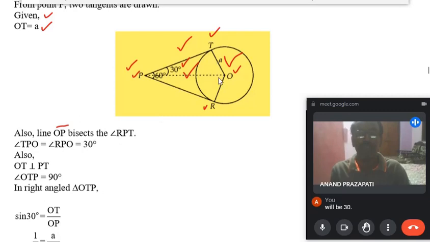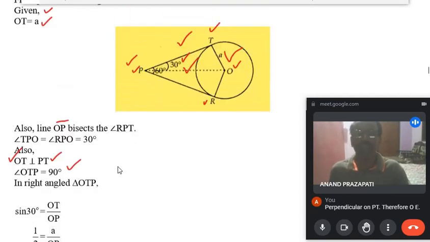And we know that a tangent of a circle is perpendicular to the radius of the circle. So here OT is perpendicular to PT. Therefore angle OTP will be 90 degrees.